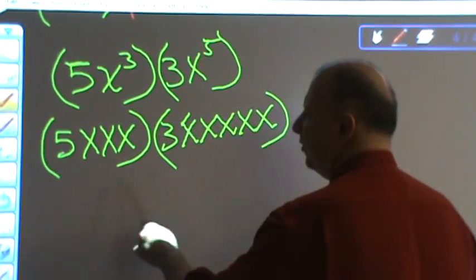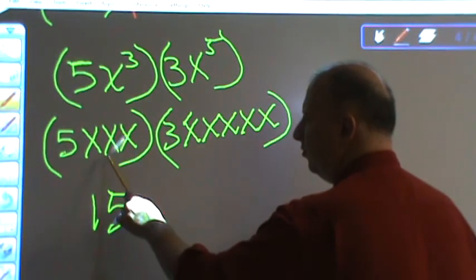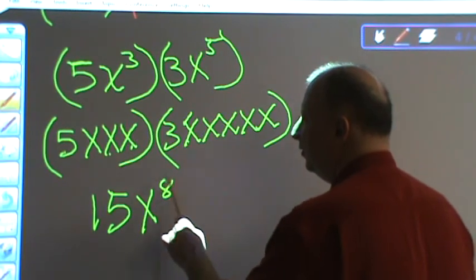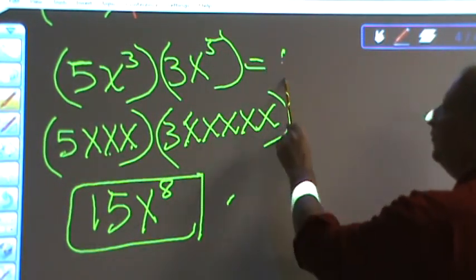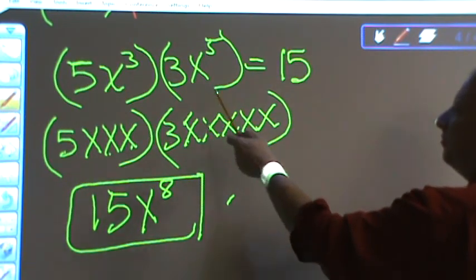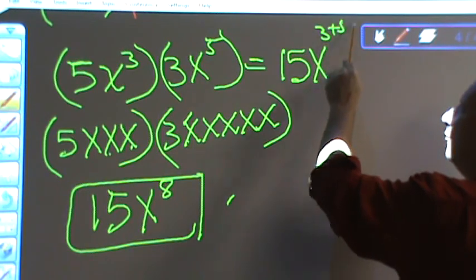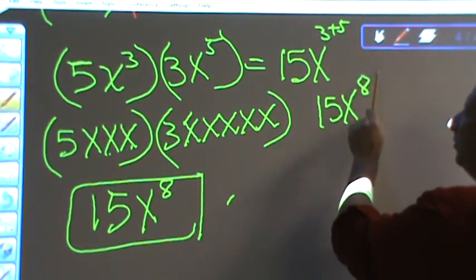So 5 times 3 is 15, and we have 1, 2, 3, 4, 5, 6, 7 x's. This is x to the 8th power. So what I can say, 15, 5 times 3, and now look what I have, x, 3 plus 5, which is 15x to the 8th.